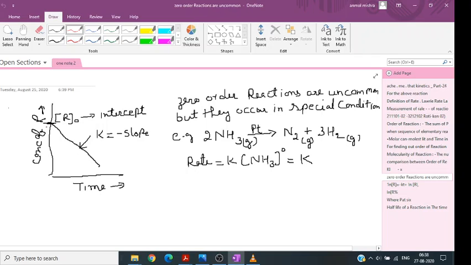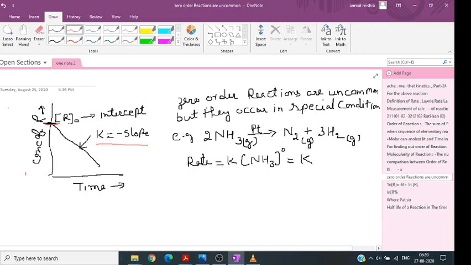The intercept gives us the value of the initial concentration, and as this is a straight line, the slope will give you the value of k. In board examinations, they draw the graph and ask what is the k here, or what does the intercept denote, and whether this graph represents zero order or first order, so you should know the graph.